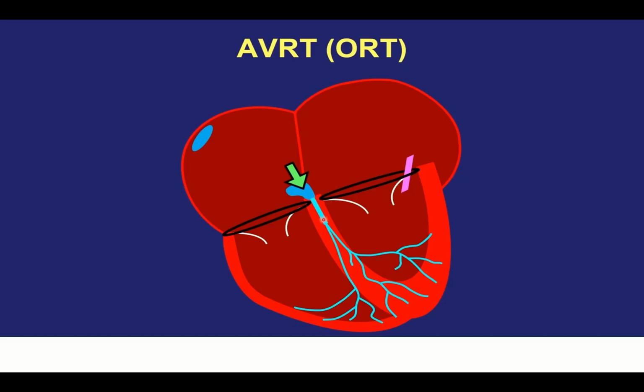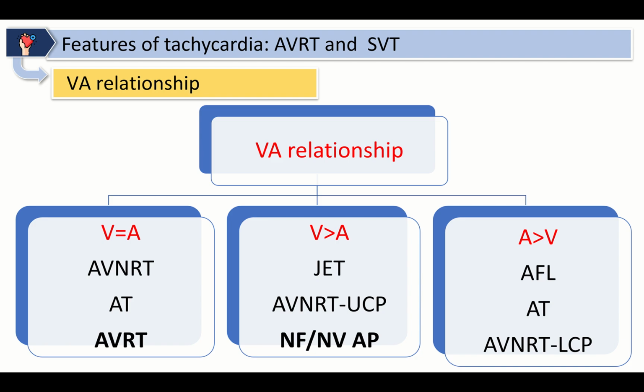And dissociation between V and A is impossible because the re-entry circuit involves the V. So we have to know it is one-to-one conduction in all types of accessory pathway mediated tachycardia. V to A is one-to-one, like atrial tach and the AVNRT. However, there is only one rare exception, which is nodofascicular.